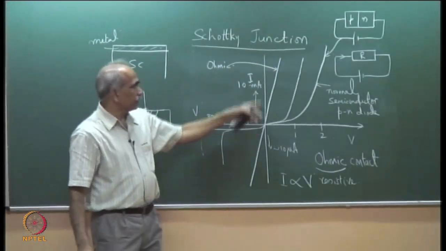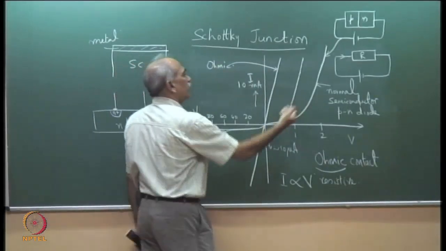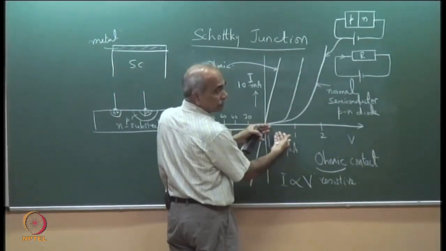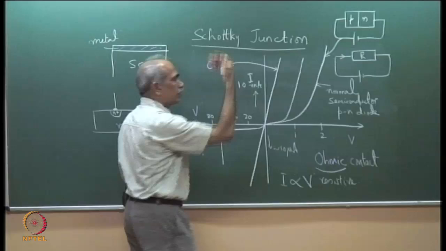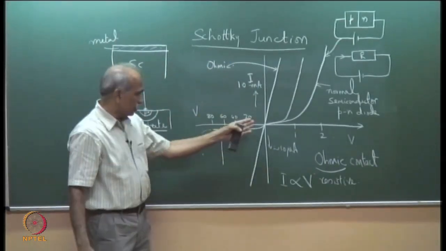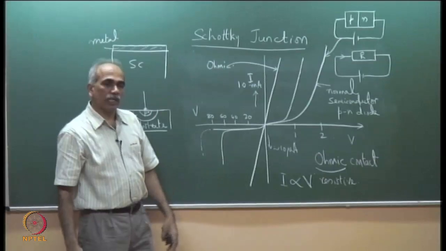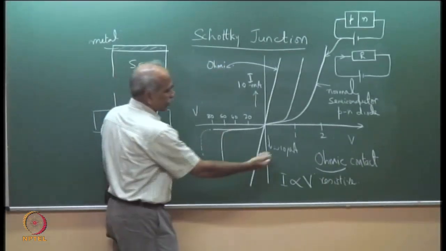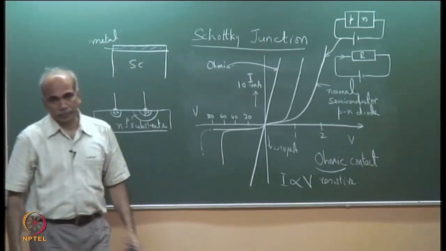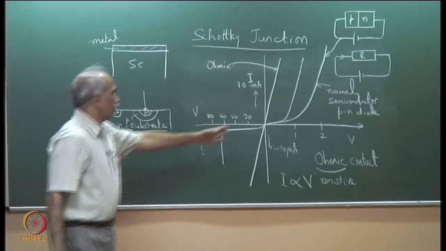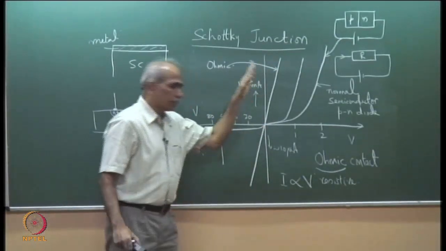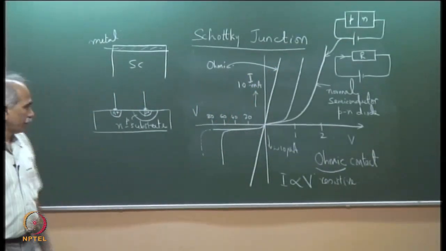You can clearly see that the forward flow is very easy. A small voltage applied gives you tens of milliamperes. Here, even if you apply tens of volts as reverse bias, your current is only tens of microamperes. Whereas for an ohmic contact, it is the same in both directions.